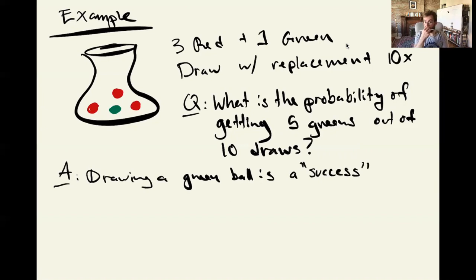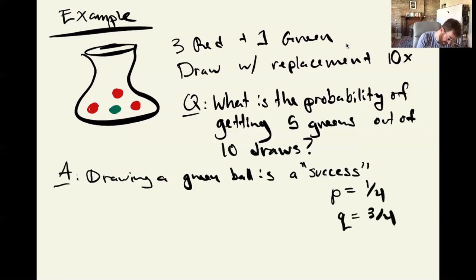What's the probability of that success? Well, since we're drawing with replacement, that means I reach in, I draw it, look at the color of the ball, and I put it back, mix them up, and then try again. Well, we could see there's obviously only 1 green ball out of 4 in total. So the probability of success here is 1/4, and consequently the probability of Q is 3/4.